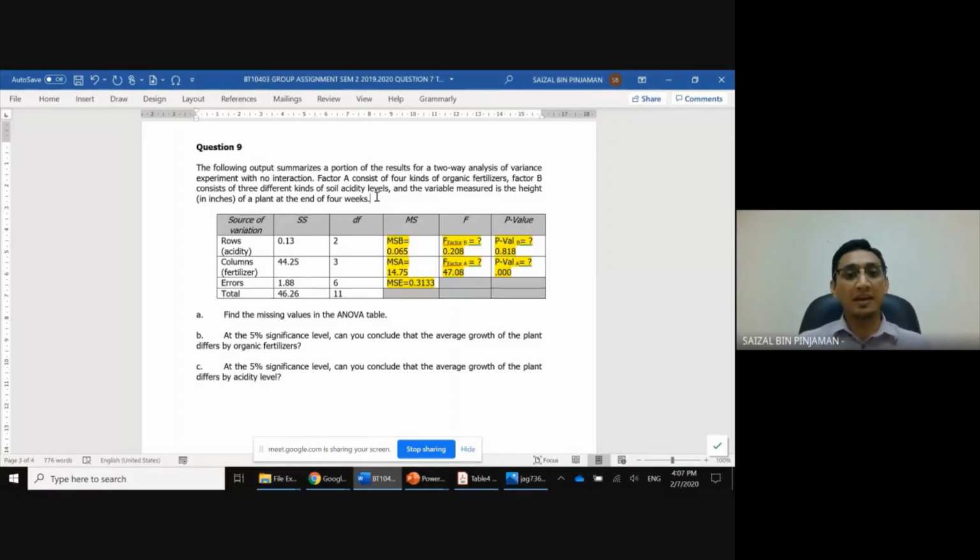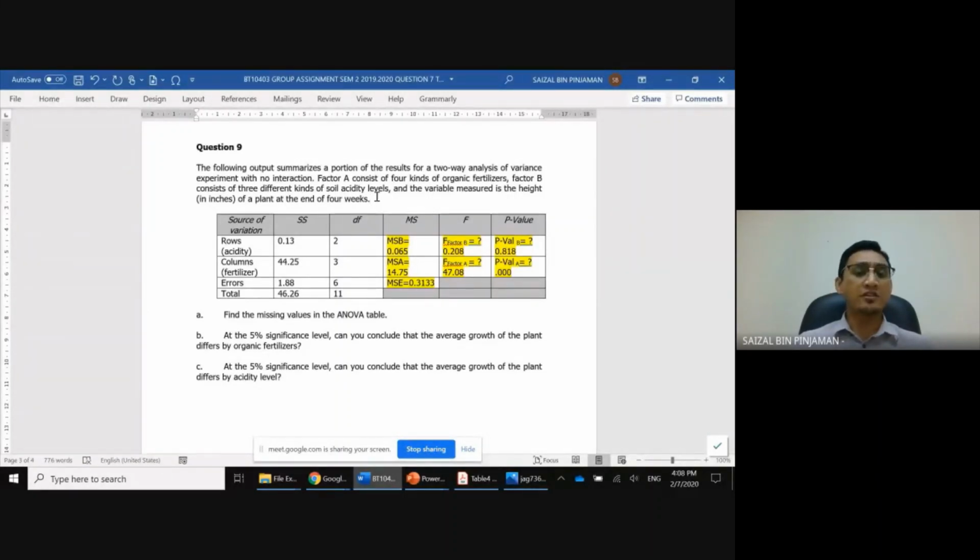Factor A belongs to the types of organic fertilizers used, while factor B belongs to the different soil acidity levels used. So we want to determine whether fertilizer and acidity level can influence the height of our plant or not.